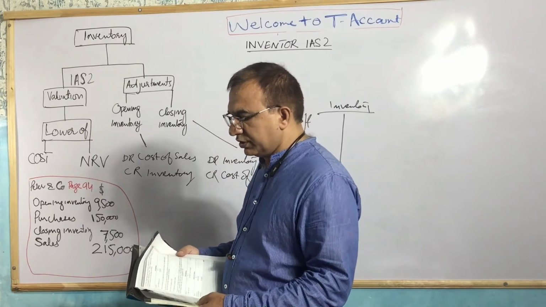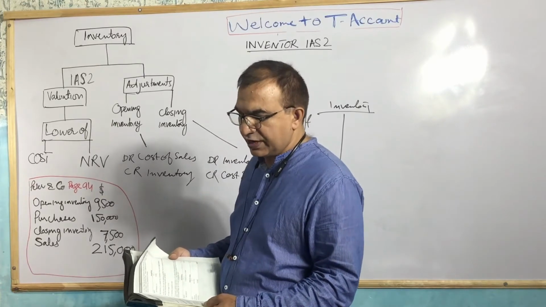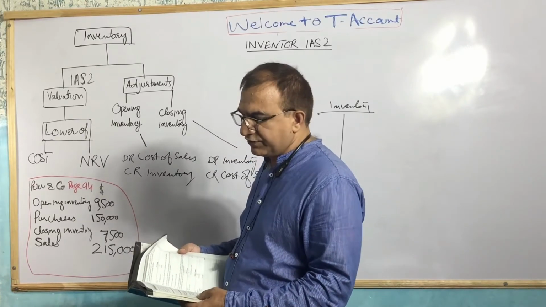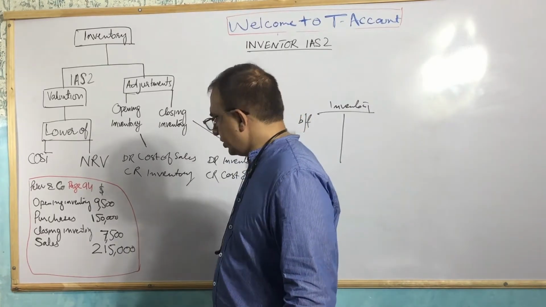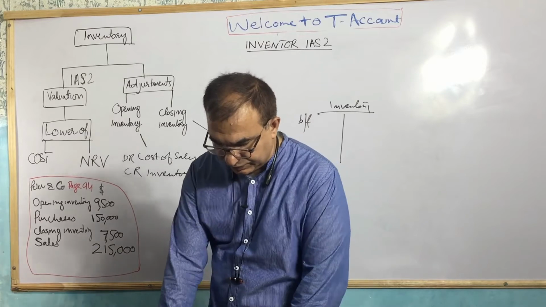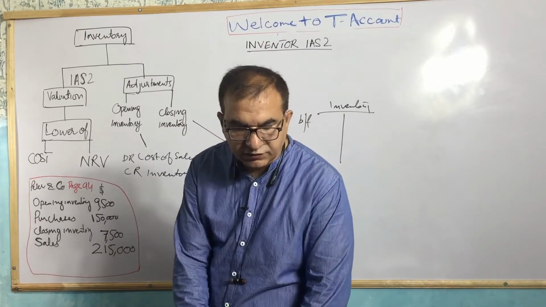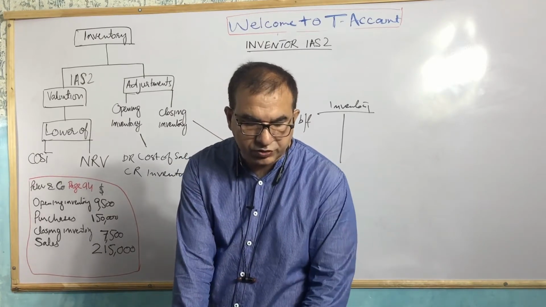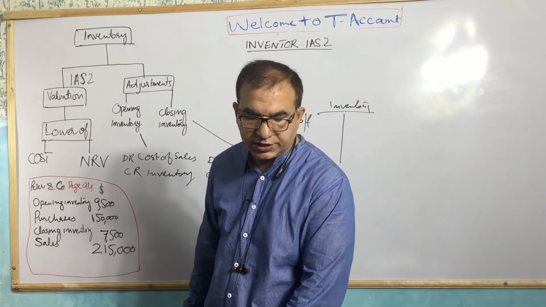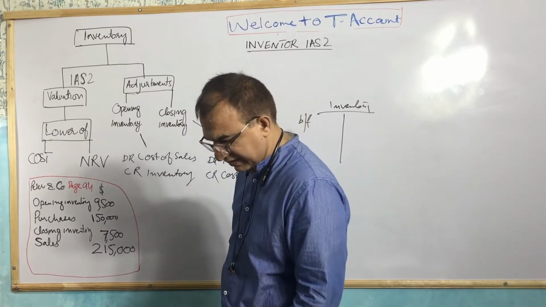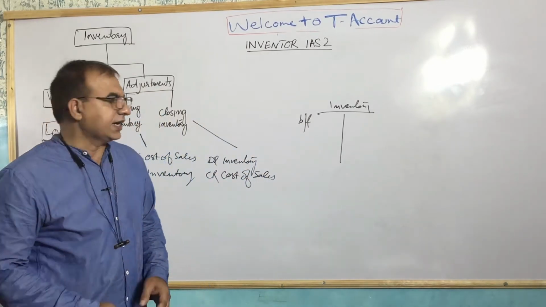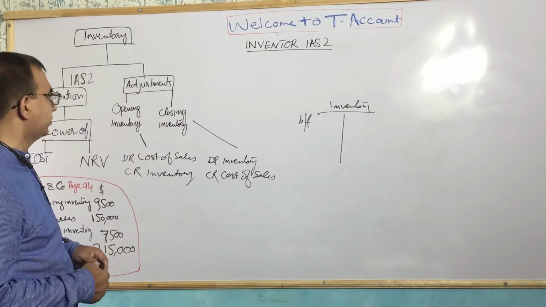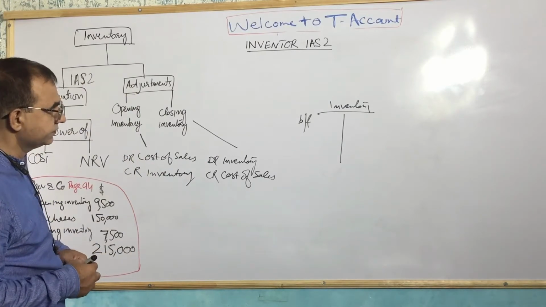And what about his sales? Peter has sold 70 machines with a sales value of 215,000 in the year. So the sales value is 215,000. They are asking us to calculate the gross profit for the year ended 31st December 2017. We'll learn that as well, but I wanted to explain these entries first.